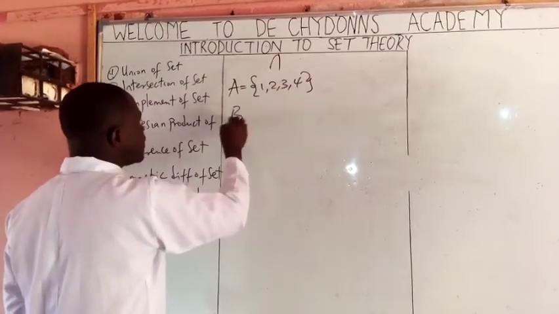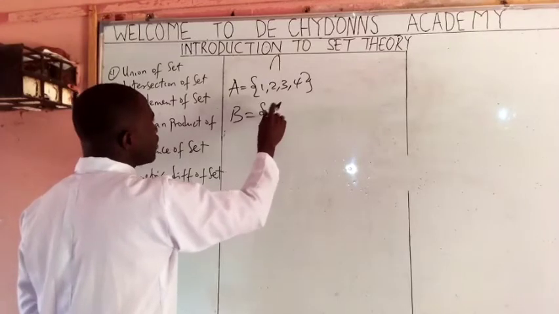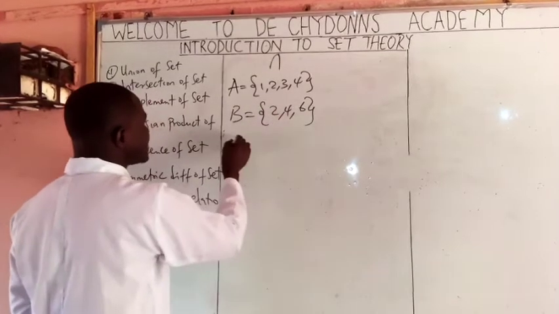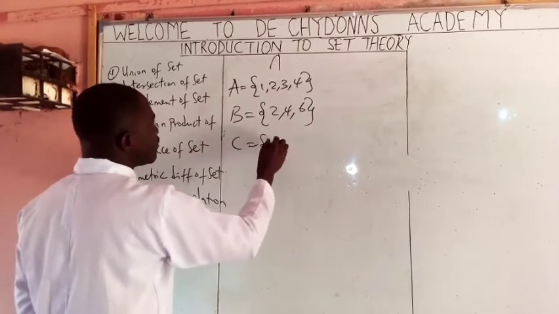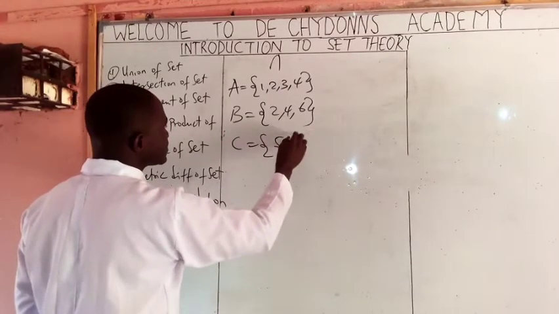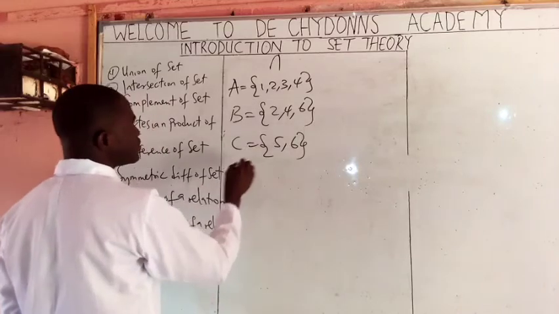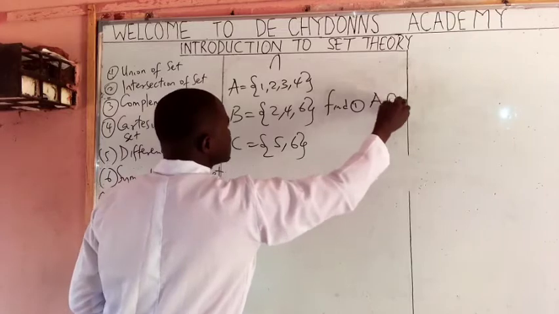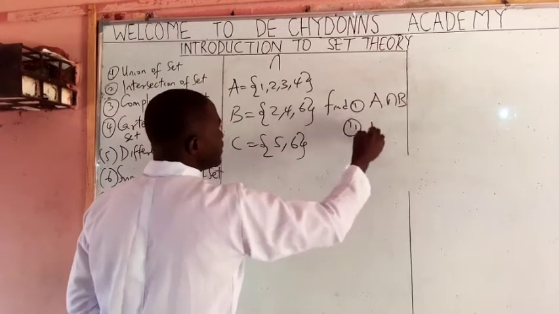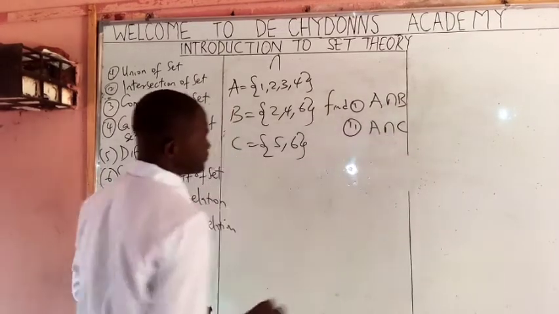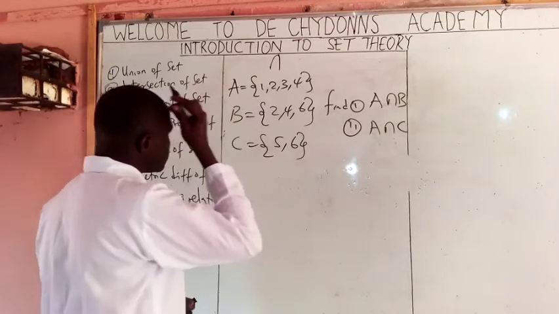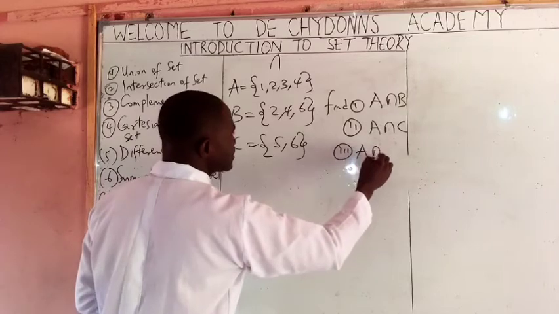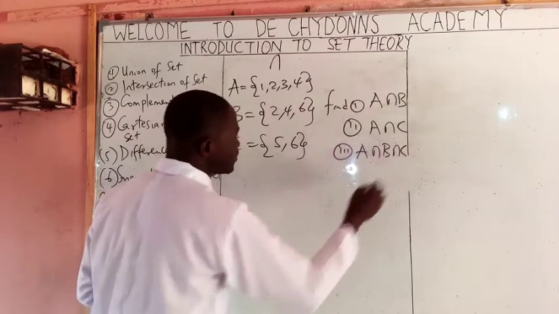And they say set B equals 1, 2, 4, 6. And they say set C equals 5 and 6. They say find (i) A intersection B, (ii) A intersection C. And they can also say find (iii) A intersection B intersection C.